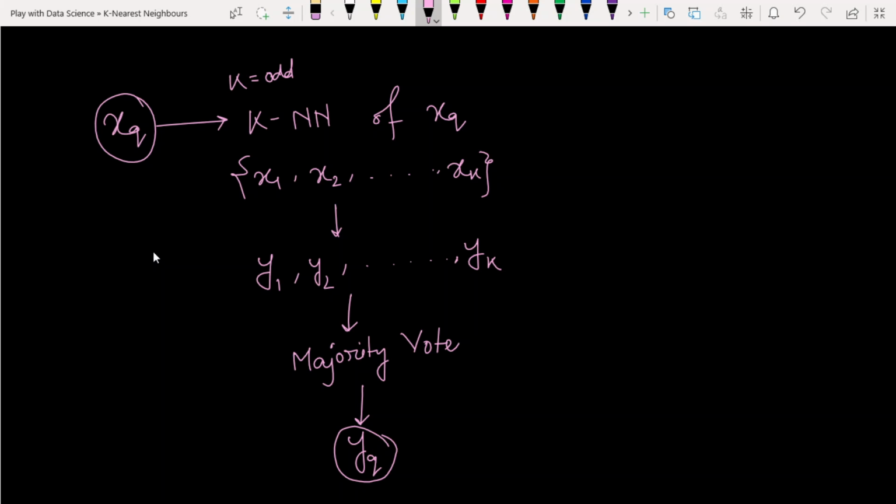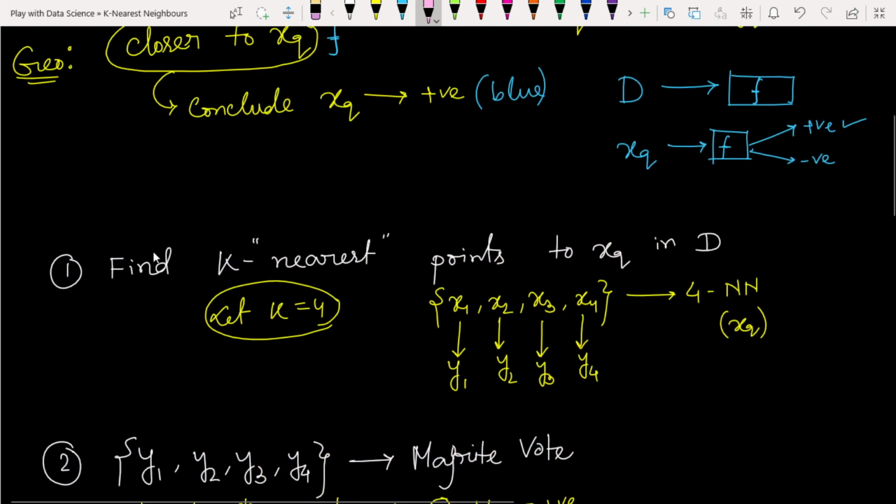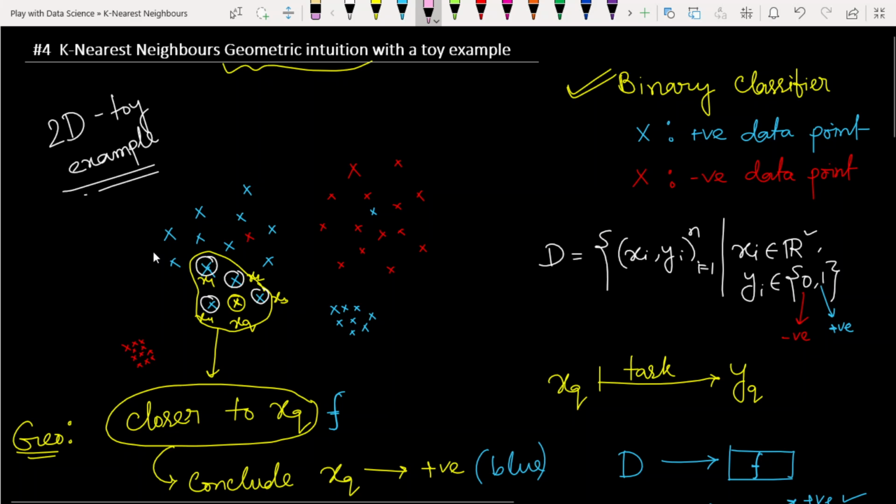This is the simple geometrical intuition of k nearest neighbor. I think using this simple toy example, the geometrical intuition behind k nearest neighbor is all clear.